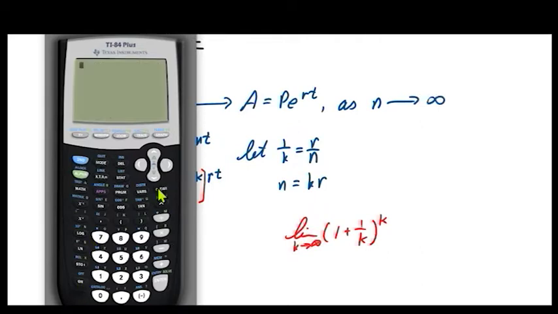Okay. Open parenthesis. 1 plus 1 over, how many zeros are there in a trillion? Let's use a trillion to simulate infinity. I mean, it ain't infinity, but it's good enough, right? How many zeros are there in a trillion? 12.